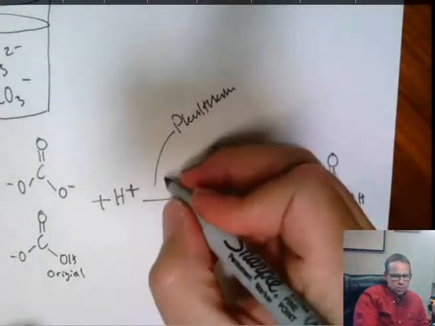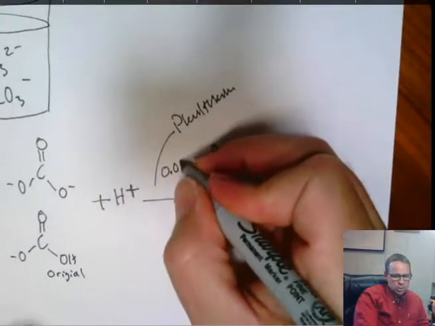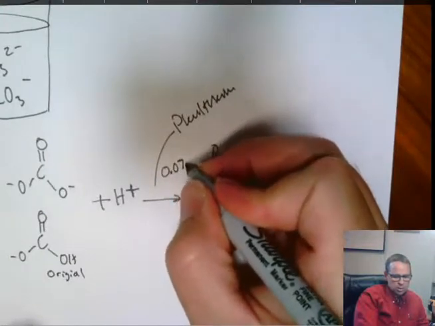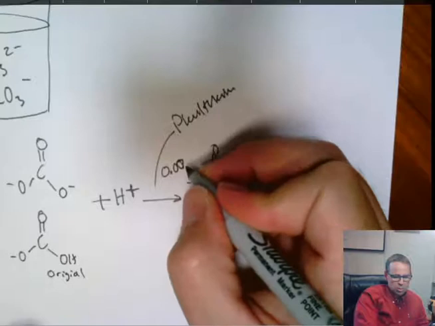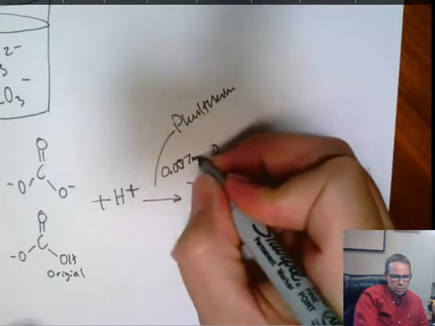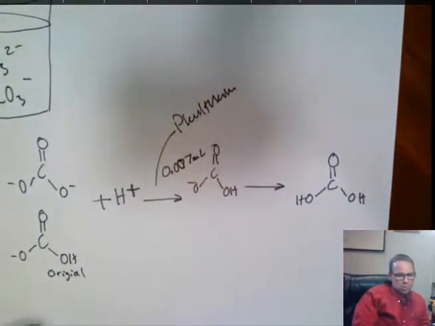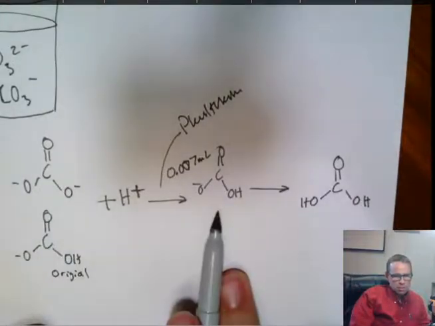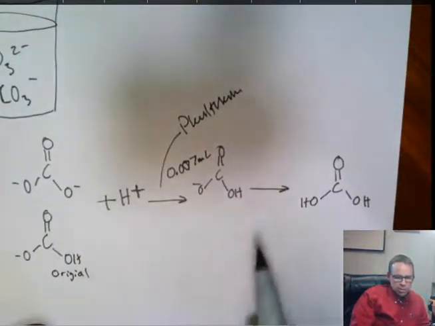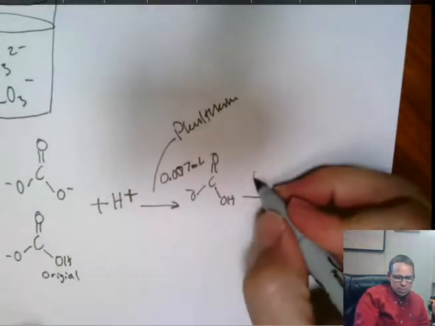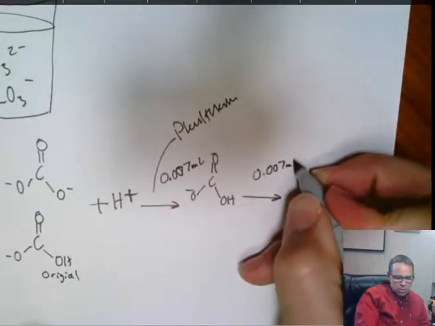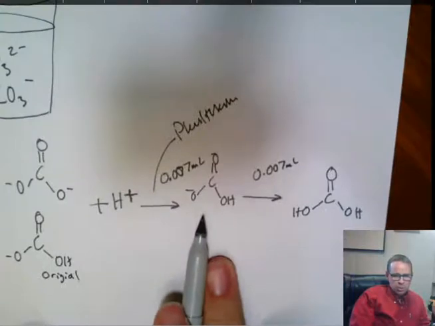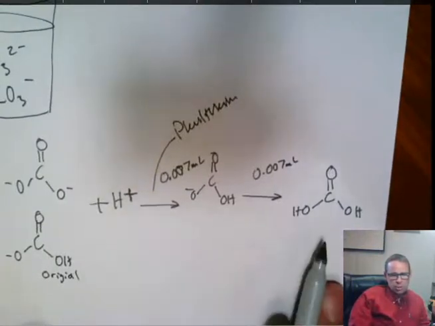So let's say this took 0.07 milliliters to convert all of the carbonate to bicarbonate. Well, it's going to require that same amount, 0.007 milliliters for example, to go from the bicarbonate that you created to the carbonic acid.